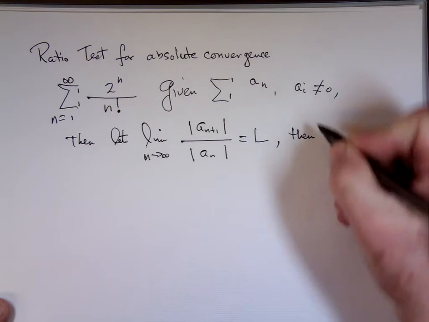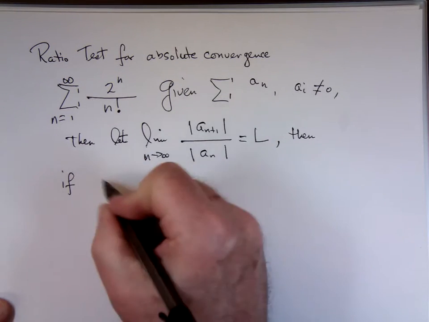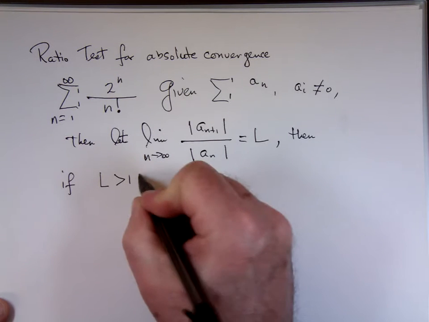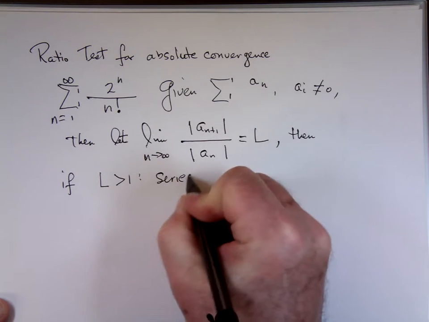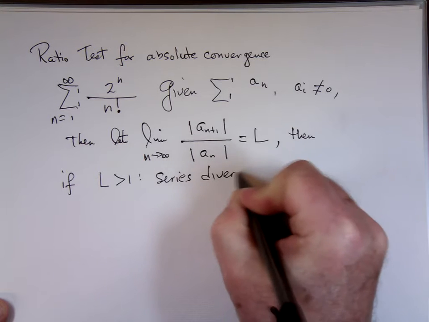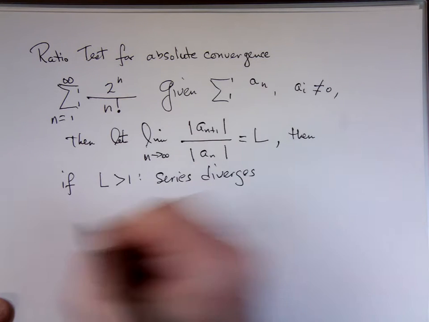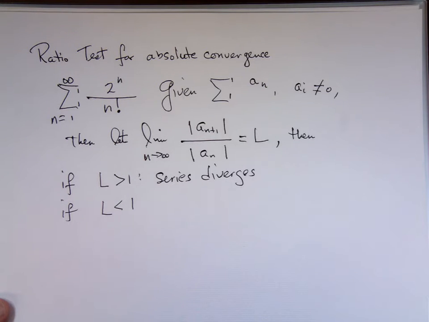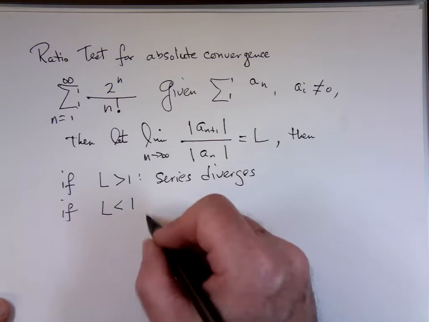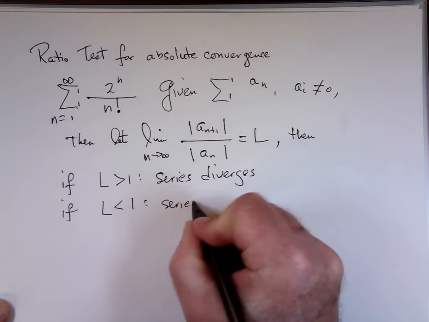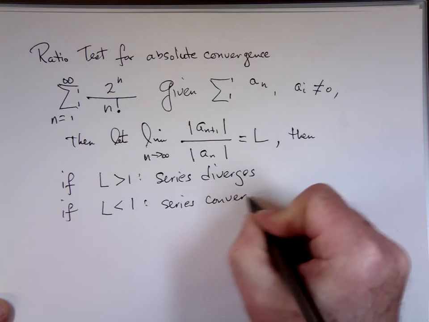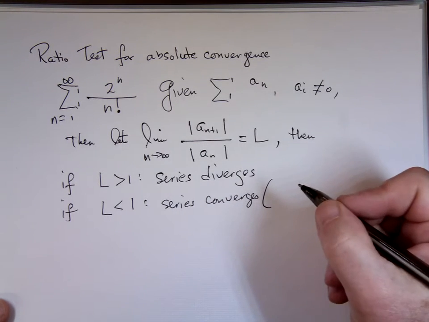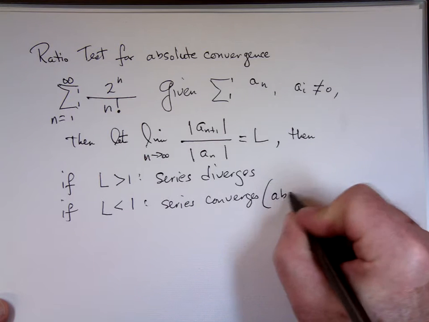Then, if L is greater than 1, the series diverges. If L is less than 1, the series converges, and I'm going to put parenthetically, absolutely.